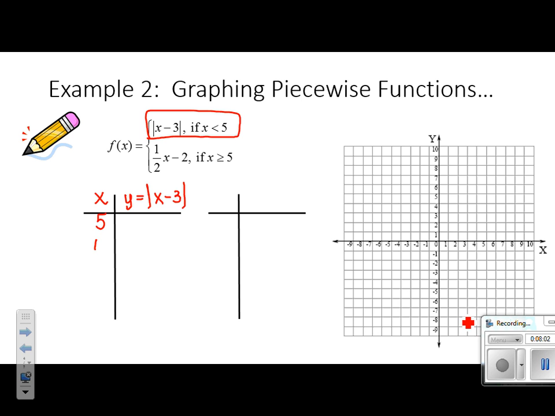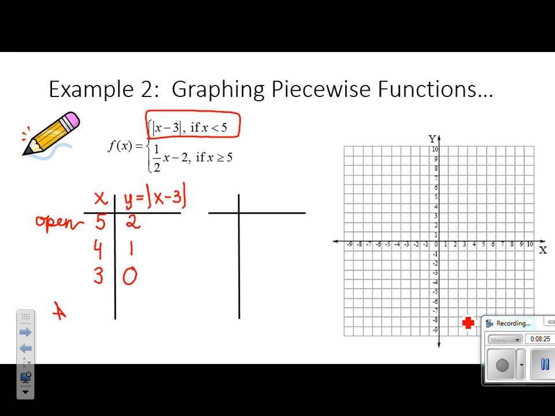So 5, 4, 3. 5 is going to be an open circle. Okay, and I'm going to plug 5 in there. 5 minus 3 is 2. The absolute value of 2 is 2. 4 minus 3 is 1. The absolute value of 1 is 1. 3 minus 3 is 0. The absolute value of 0 is 0.